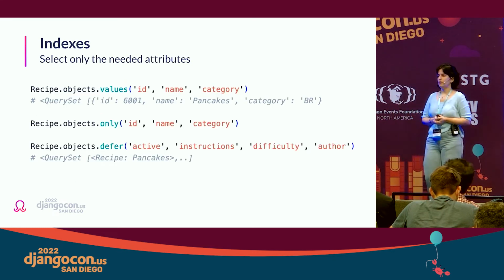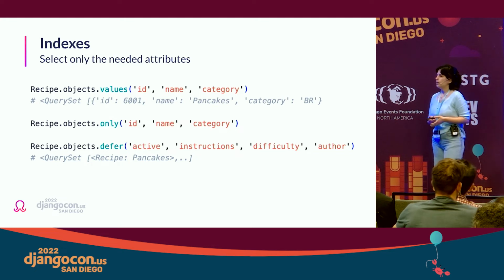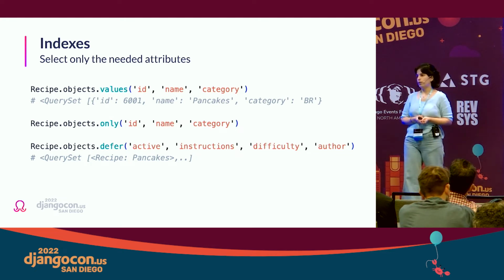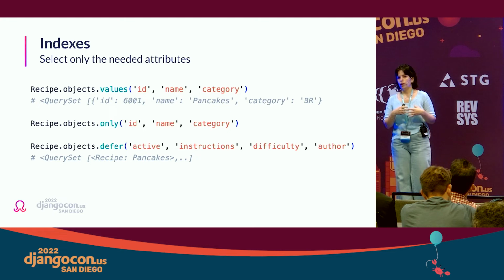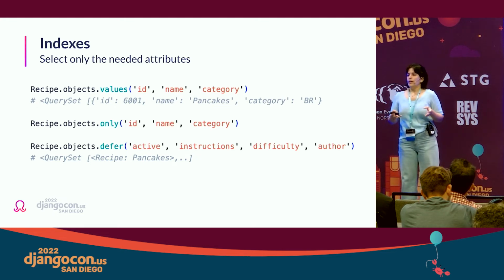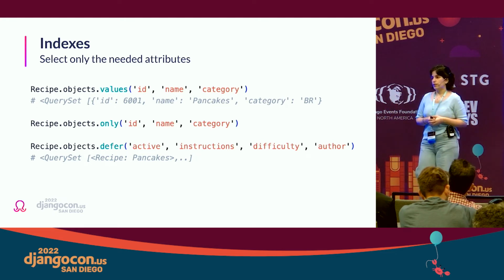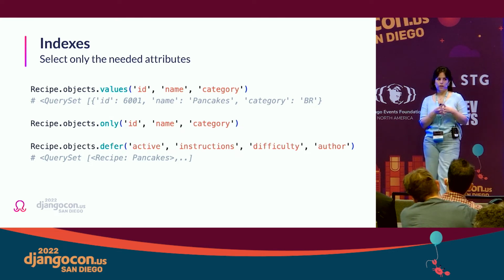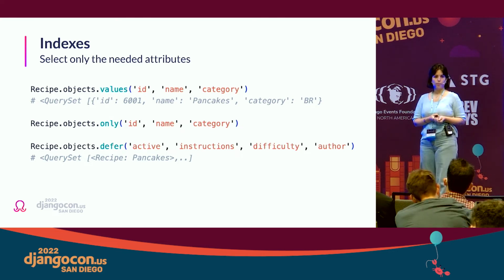Another thing that is really important is trying to select only the attributes that I'm going to use. This is important because it's going to get less data from the disk, and also when performing operations, I'm going to have to consider less data, so probably it's going to be more performant.